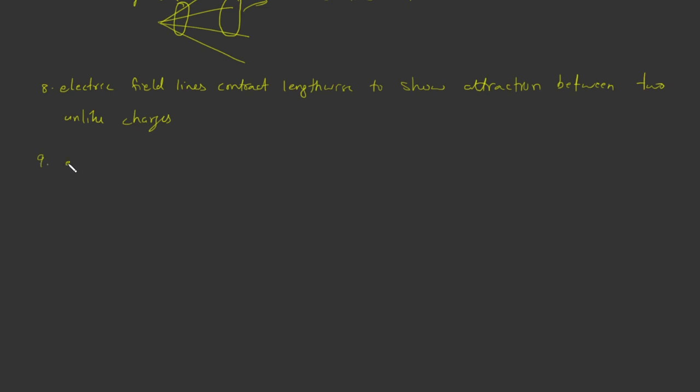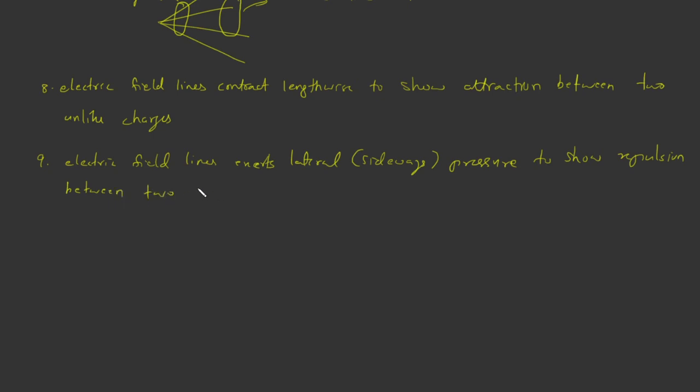The ninth property is that electric field lines exert lateral, that is sideways, pressure to show repulsion between two like charges. We are going to see it in the figure we already drew.